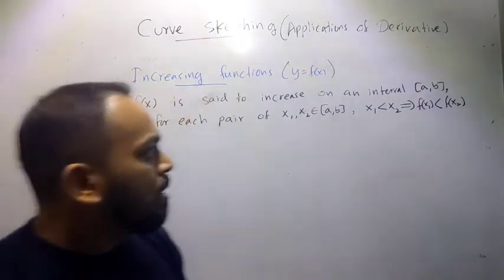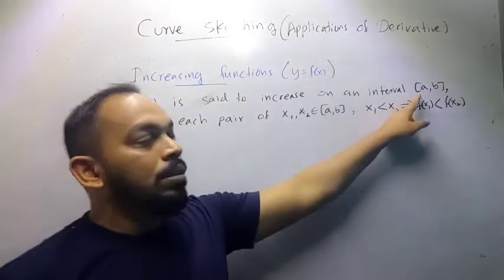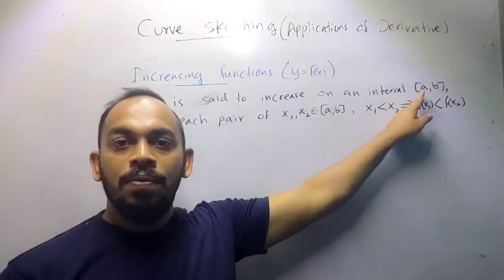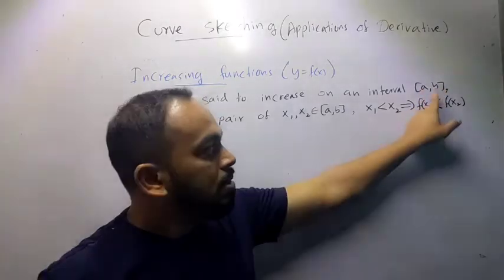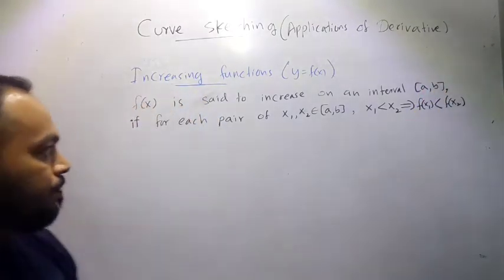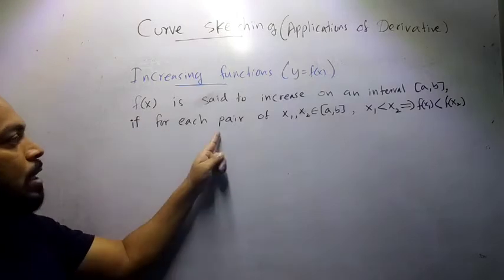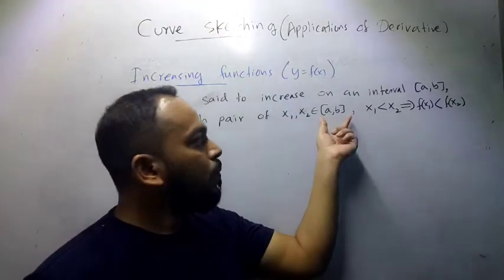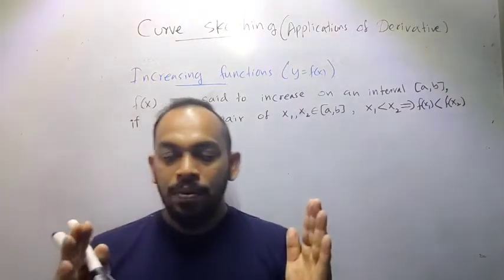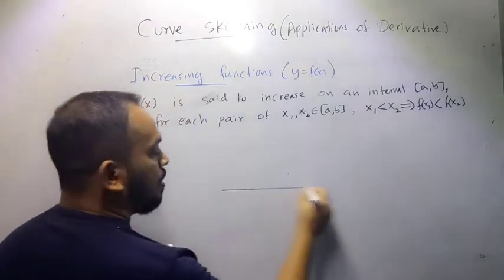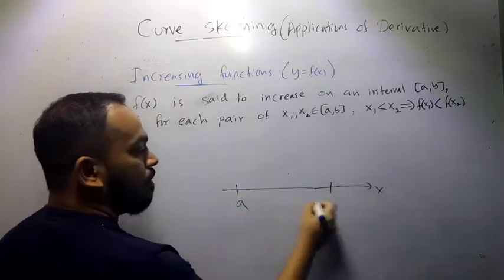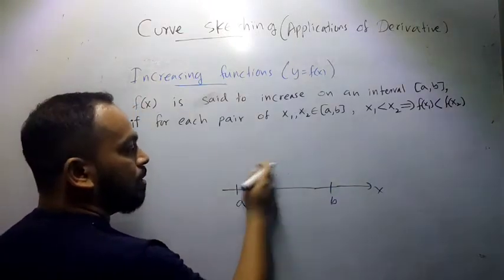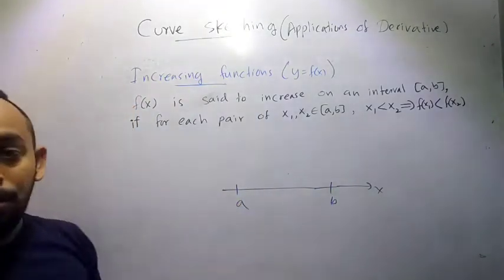Suppose on an interval of x values between a and b, including a and b, you can see square brackets, that means a and b are included. Suppose we have an interval like this, this would be our x-axis, a and b, and the function is defined in this region.